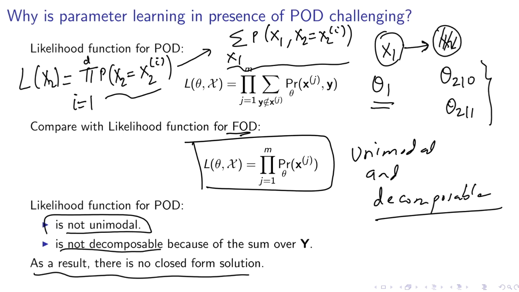Since we have already covered inference in this class, you can easily figure out that in some cases computing the likelihood will be very, very difficult, because computing the likelihood is the same as solving the probability of evidence problem. And we know that computing probability of evidence is sharp P hard in the worst case. So you'll have to use something like a bucket elimination algorithm in order to compute likelihood.